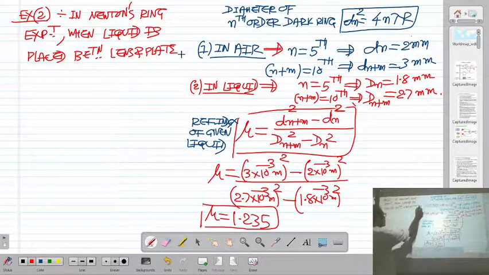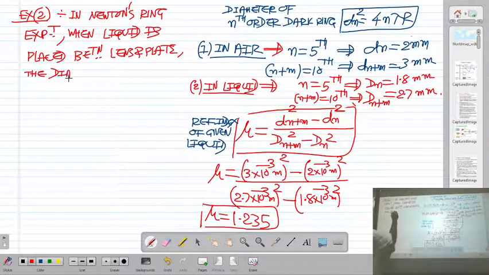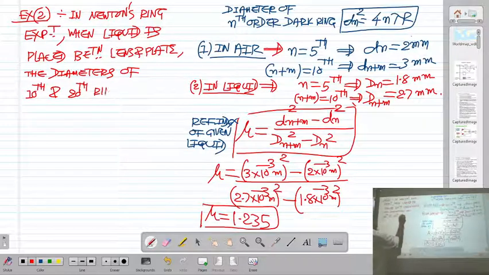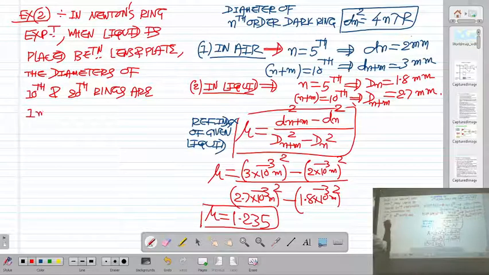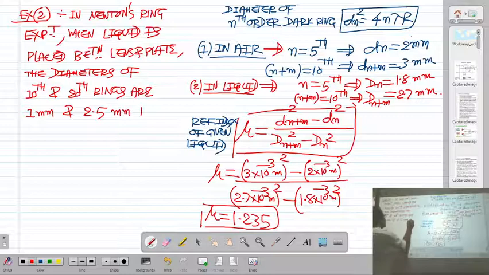The diameters of the 10th and 20th rings are 1 mm and 2.5 mm respectively, right?